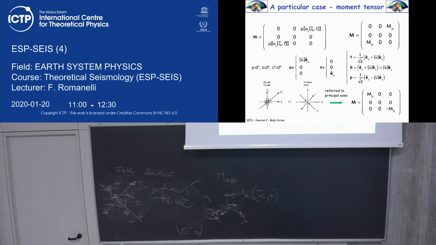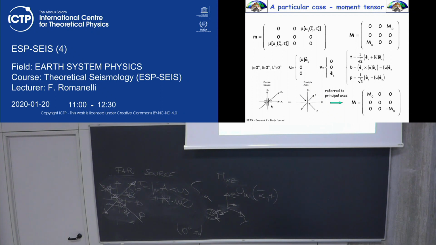And so the moment tensor, M_pq, for this source is very simple. But wait a second, because if you use T, B, P, it's diagonal. Plus M0, 0, minus M0. Okay? 1, 3, 3, 1.